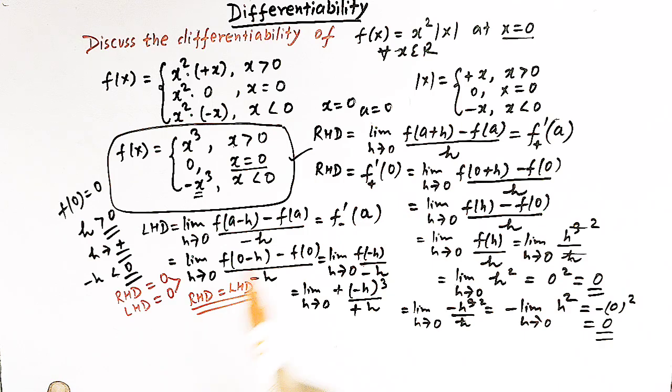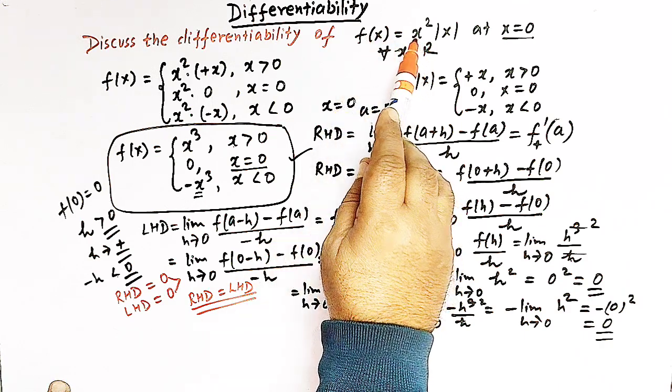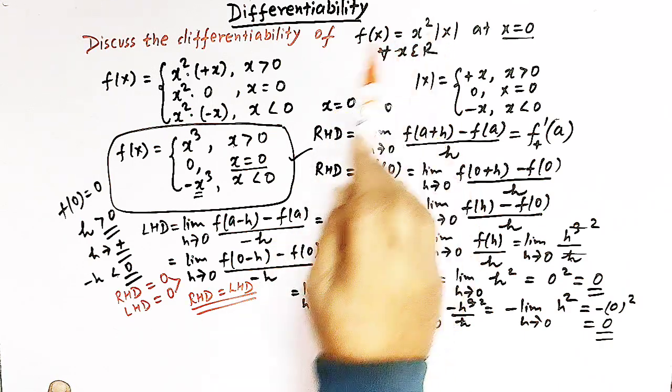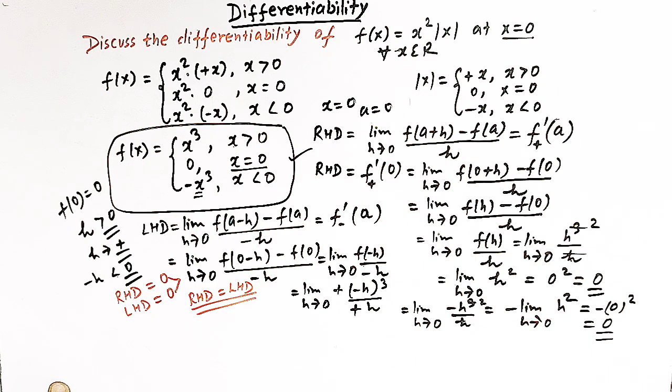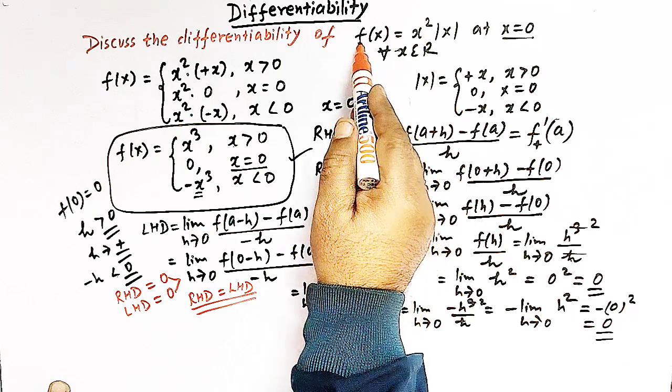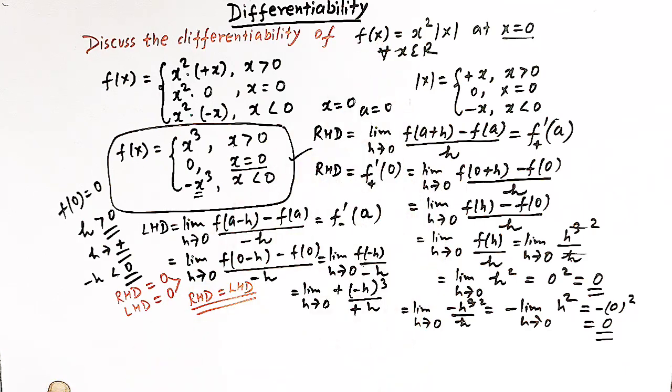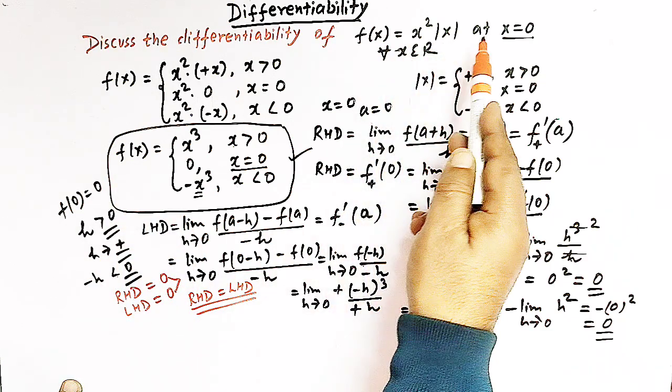So we can now claim that this function f of x, that is the product of x square and mod of x, is differentiable at x equal to 0. It implies that the derivative of this function f of x exists at x equal to 0, because the right hand derivative and the left hand derivative both exist, they are finite, and they are equal to each other, right? So viewers, this is how we can discuss the differentiability of functions of these types.